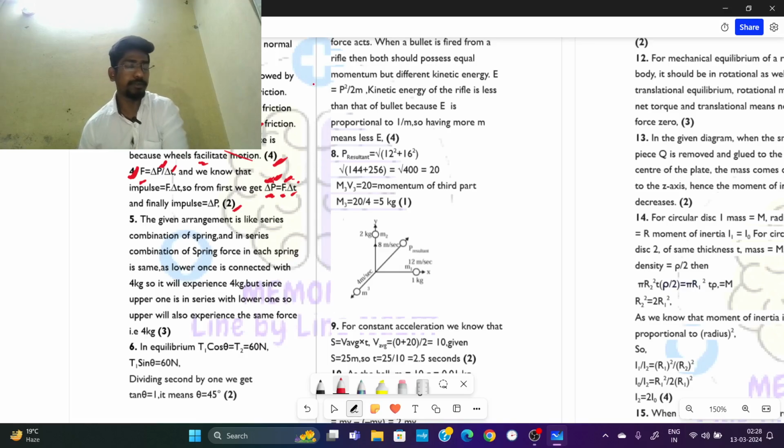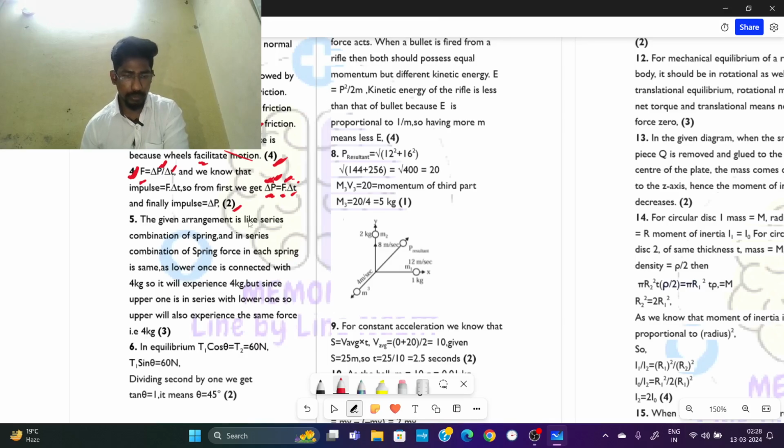You have to calculate the force acting on these two springs. The first option is 4 kg and 0 kg, that means the force acting on A is 4 kg and the force acting on B is 0 kg. The second option is 2 kg and 2 kg, the next option is 0 kg and 4 kg, and the third option is 4 kg and 4 kg.